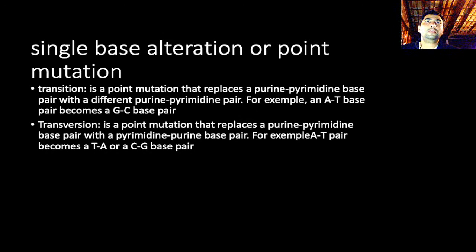The single base alteration, or point mutation, can be a transition or a transversion. A transition is a point mutation that replaces a purine-pyrimidine base pair with a different purine-pyrimidine pair. For example, an AT base pair becomes a GC base pair.